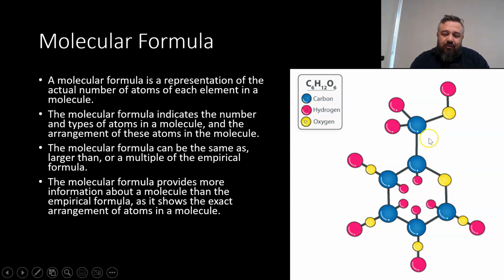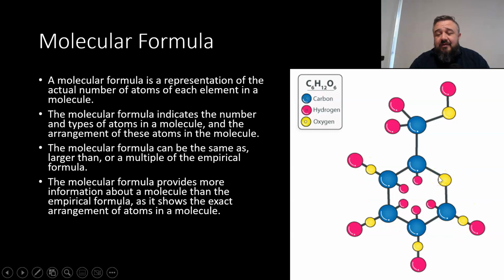Glucose is one of the more important molecules you'll ever learn about, and we have 6 carbons, and it makes this nice little ring with a little thing off the side here, and another one joins that, and that's how you get your sucrose. And we have these hydrogens, and we have these oxygens around it.